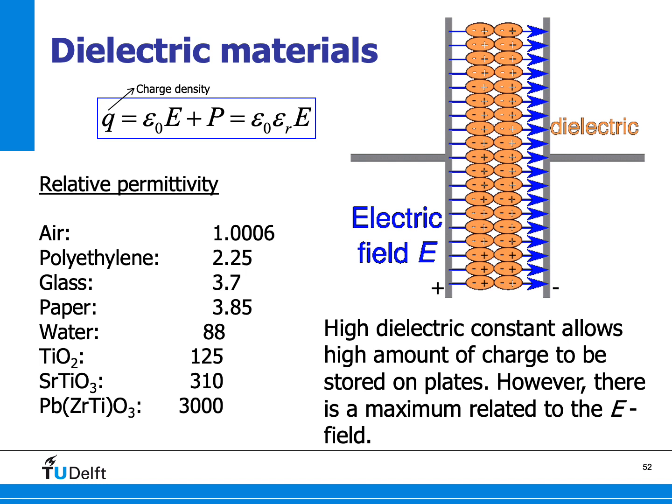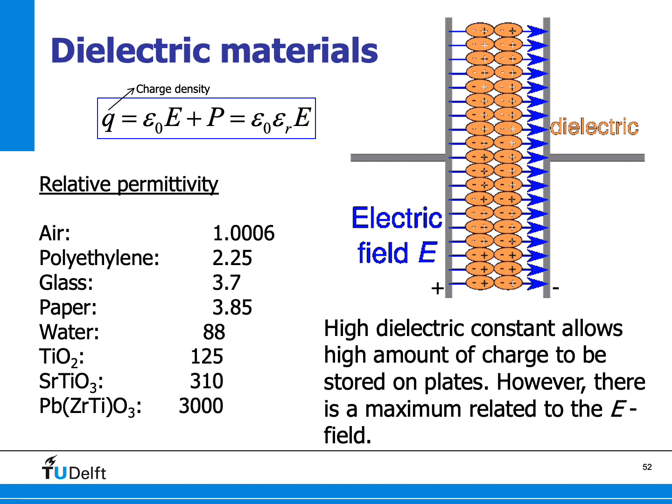There's some charge distribution over the molecule, where the oxygen is a little bit more negative and the hydrogen is a little bit more positive. Titanium oxide 125, strontium titanium oxide 300, lead zirconium titanium oxide around 3000.